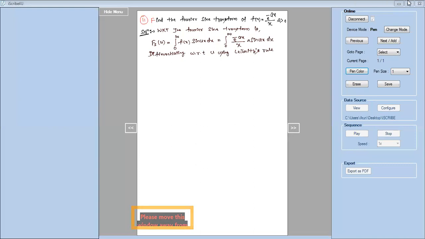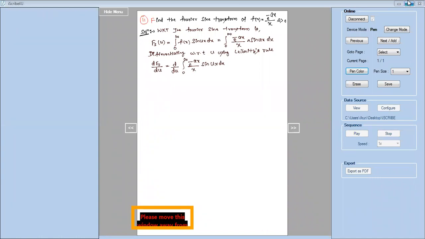So what we get: the left hand side is dFs/du, equals the right hand side, d/du of the integral from 0 to infinity of e^(-ax)/x into sin(ux) dx. So I'm taking the derivative on both sides.